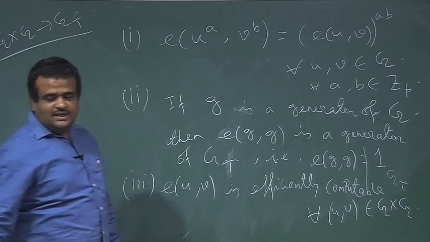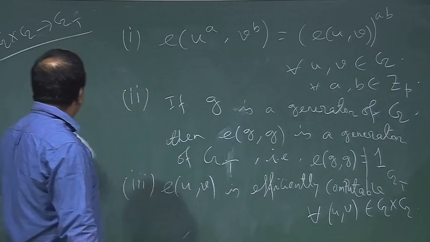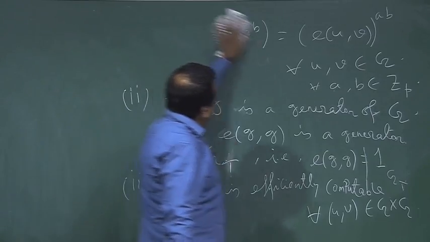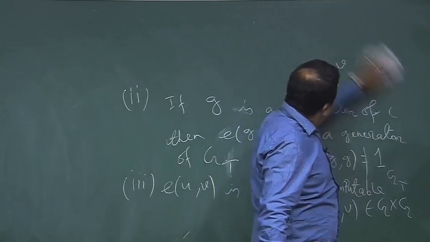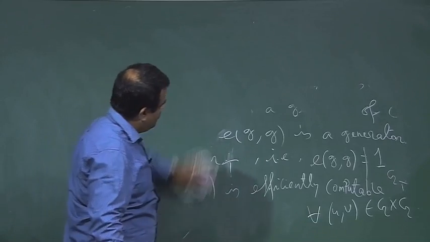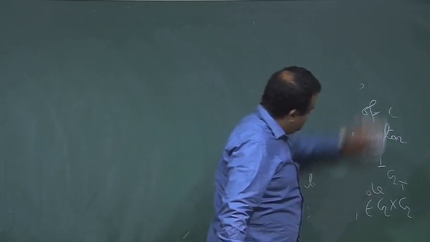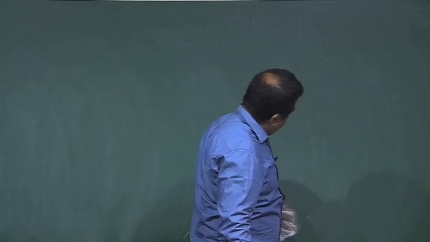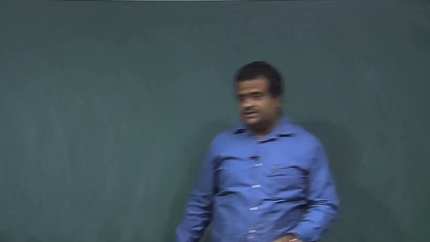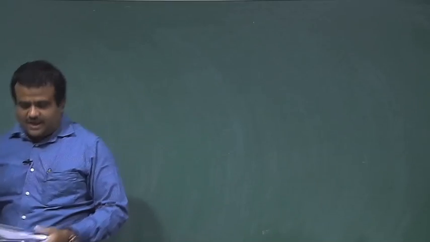If these properties are satisfied, then we call this a bilinear map, and we have used this for Joux's protocol, for three party key exchange in a single round.